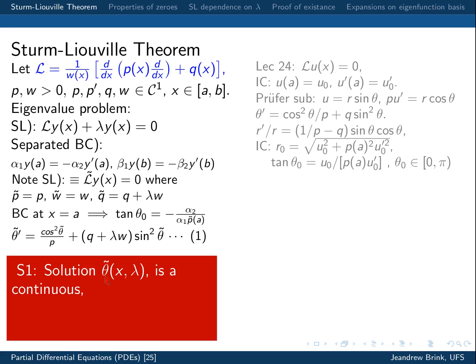Okay, and what we're going to prove, and I'm going to illustrate it in an example on the next slide as well, is that the solution theta tilde of x and lambda is a continuous monotonically increasing function of lambda.